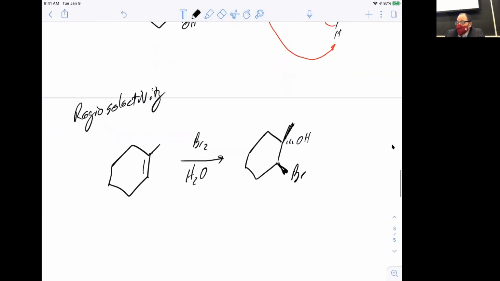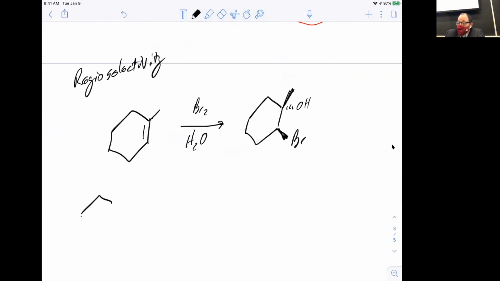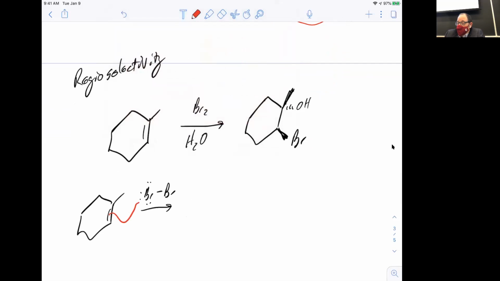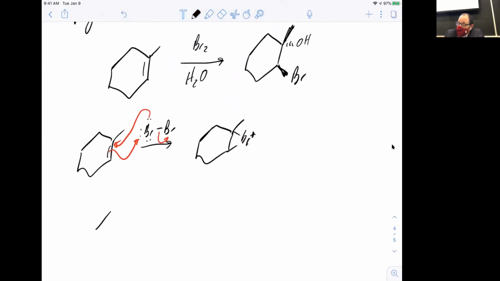If we think about the mechanism, nucleophile reacts with the bromine. Bromine comes back and reacts with the carbon. We end up with bromine.